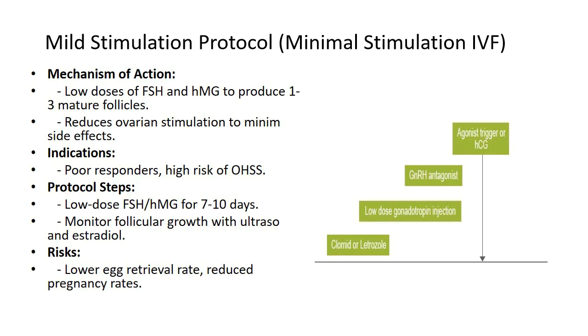Protocol steps: stimulation phase. A low dose of FSH and/or HMG is administered for 7 to 10 days. The goal is to produce 1 to 3 high-quality follicles. Monitoring through ultrasounds and estradiol levels is used to assess follicular development.